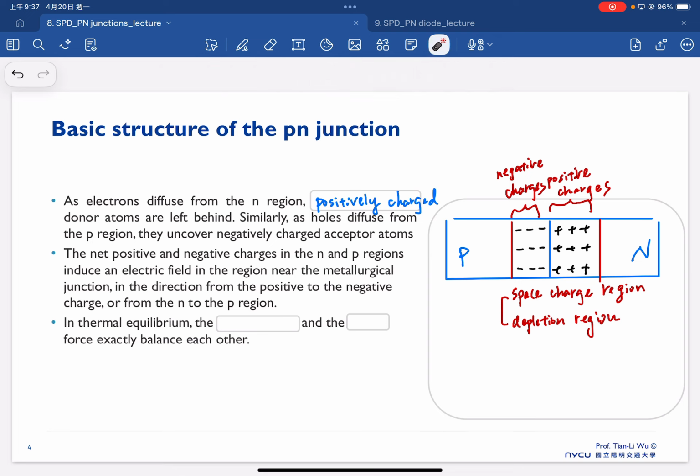The negative and positive charges in the N and P regions can also induce an electric field.